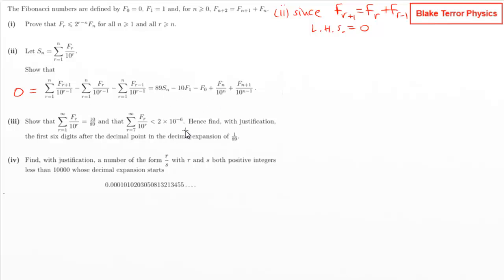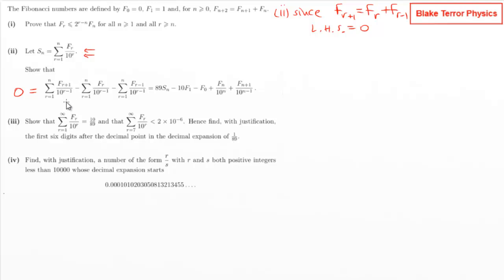Right, but that doesn't help me get the right-hand side because I haven't got any S_n in it. And am I trying to get these things in terms of r's? Or do I want to have an F_(r+1) with a 10^(r+1) on the bottom? As in, do I want to get those the same? Is this about having the r's the same here?